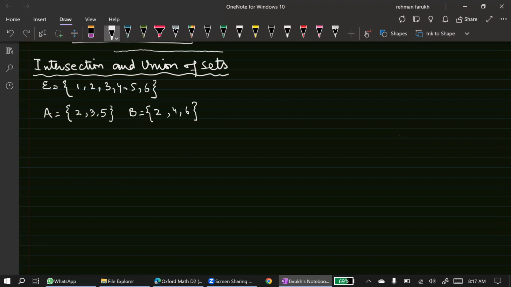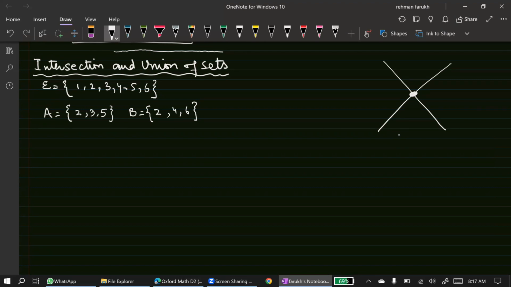Now consider the lines. Are these two lines intersecting? Yes. And this one is the point of intersection. The point of intersection is common to both the lines. Intersection means common.